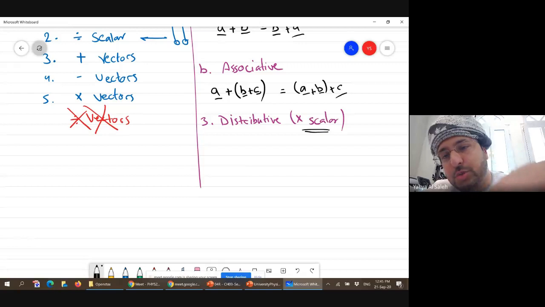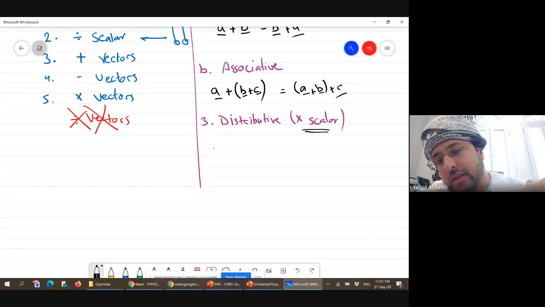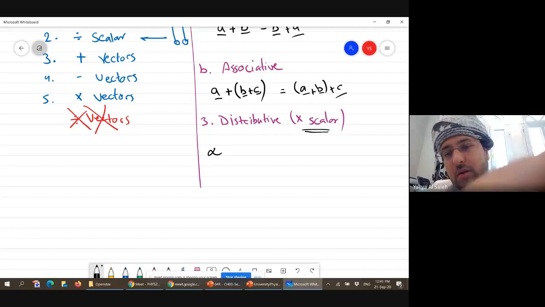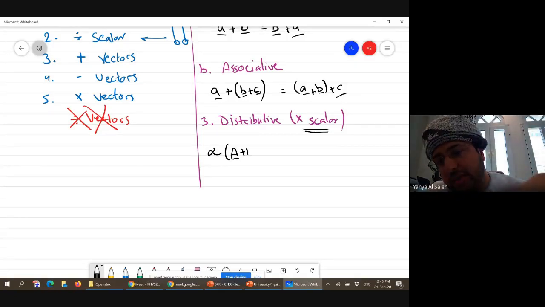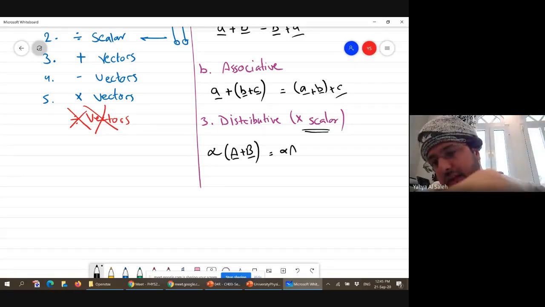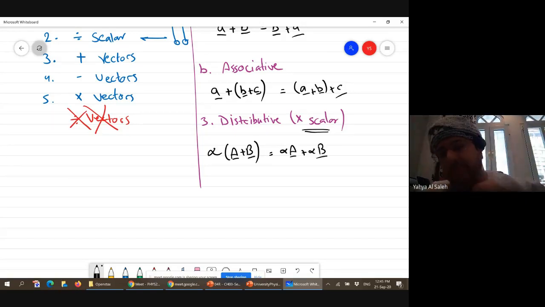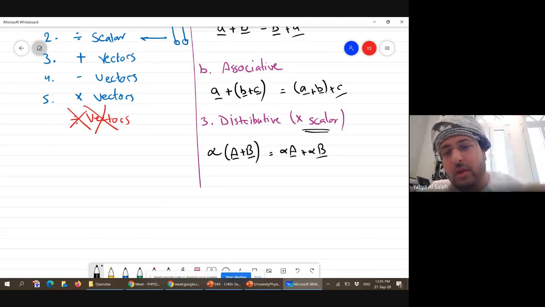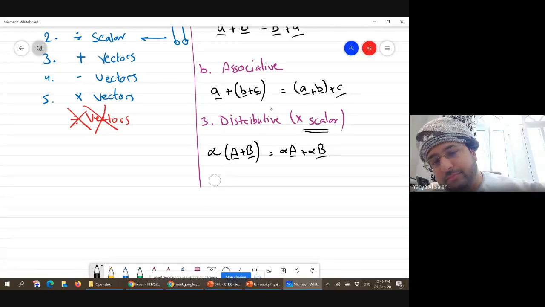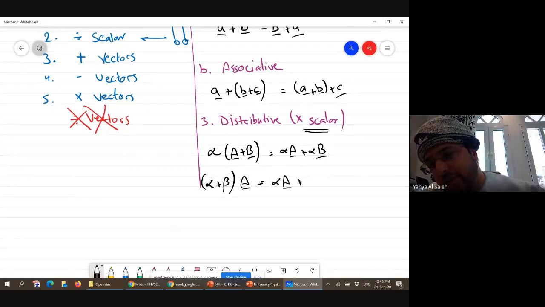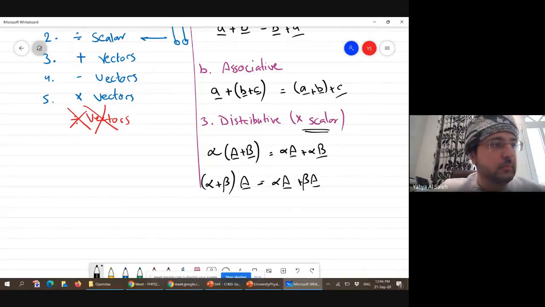So if I do alpha, which is just a number, a scalar, multiplied by A plus B, it's the same as saying alpha A plus alpha B. Or say, for example, I have alpha plus beta times A. It's the same as saying alpha A plus beta A. Okay?